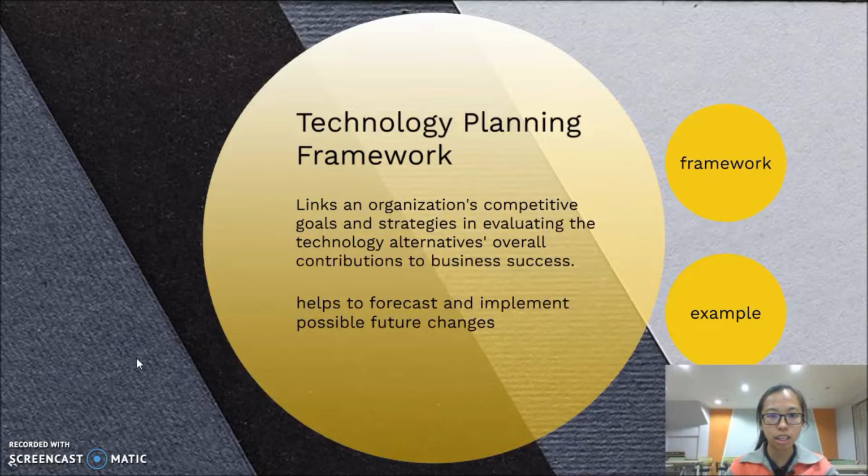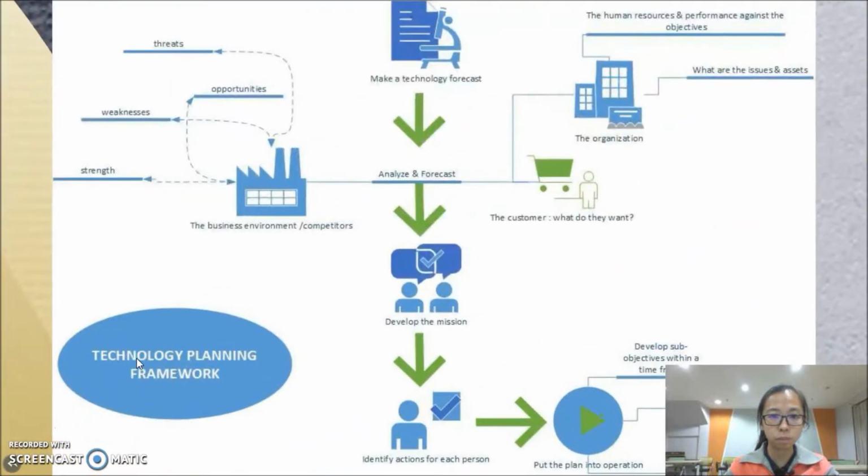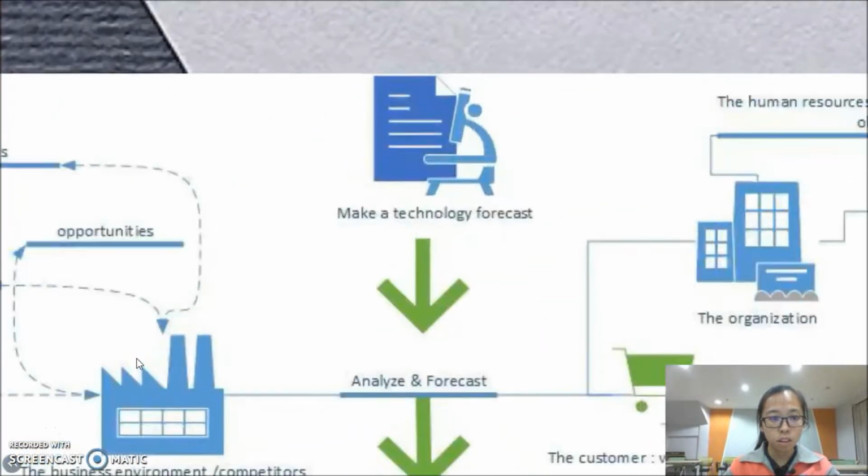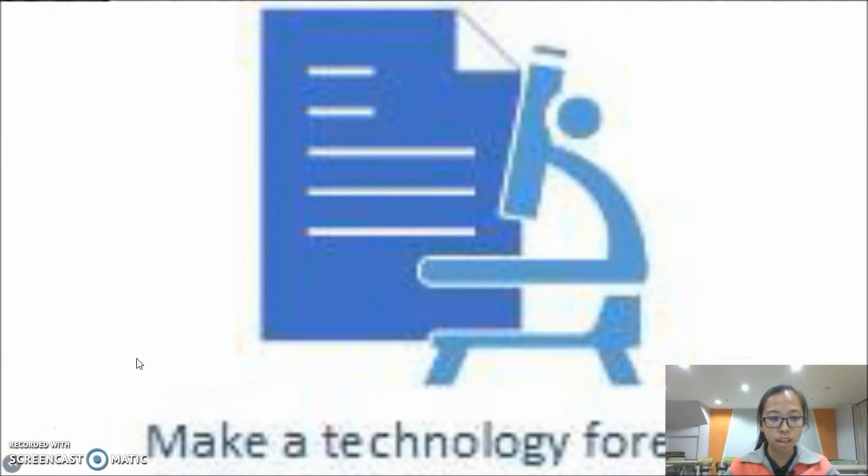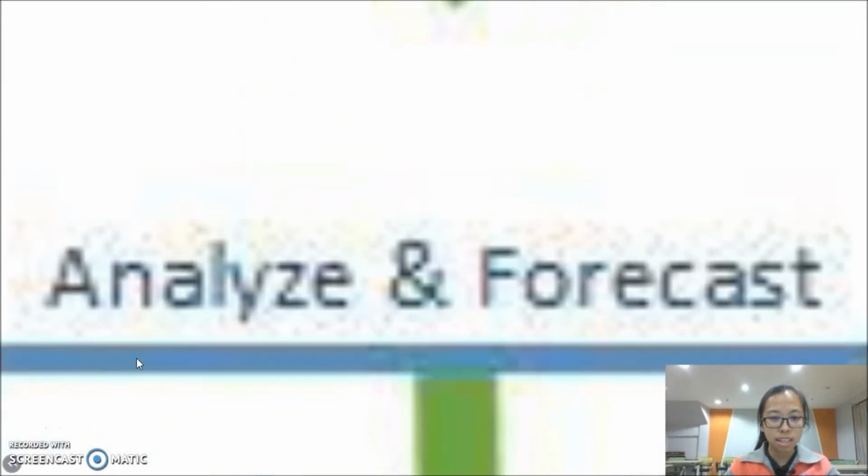Next, I will talk about the technology planning framework. First, we need to make a technology forecast, which evaluates the probability and significance of various possible future developments so that managers can make better decisions. Next is analyze and forecast.